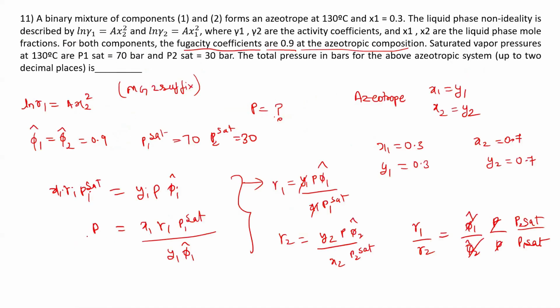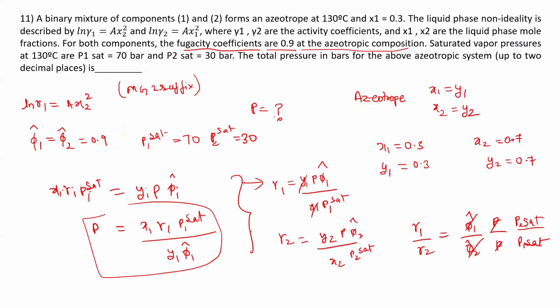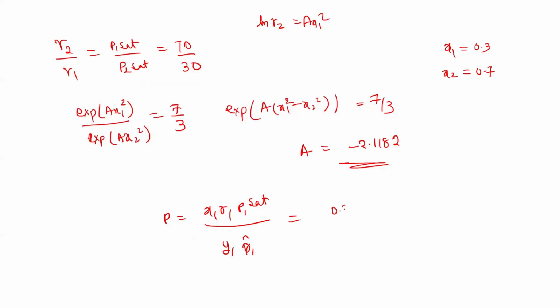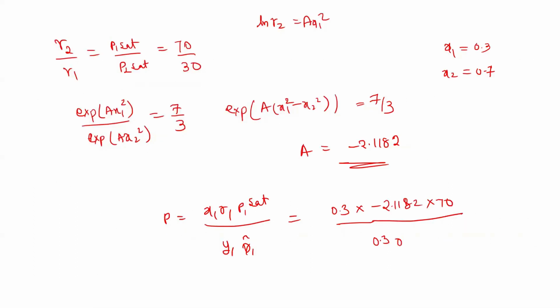Going back to this equation, P is equal to x1 gamma 1 P1 sat by y1 phi 1 cap, which is 0.3 into gamma 1 into P1 sat, where P1 sat is 70, by y1, which is 0.3, into phi 1 cap, which is 0.9.